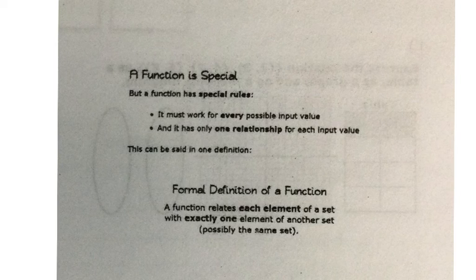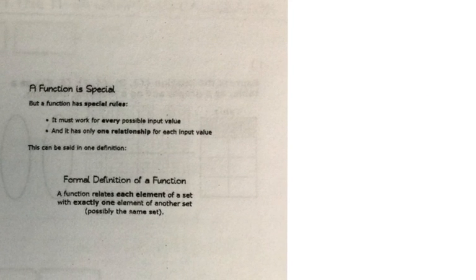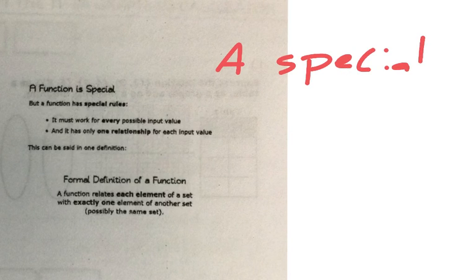And so right here we're going to finally give a definition for what a function is. So a function is a special relation. So if you made me define a function, I would say it's a special relation. So obviously I need to tell you what a relation is right now.